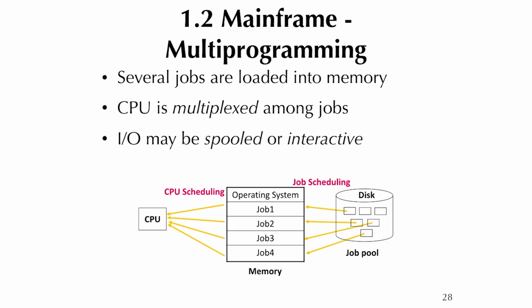And multiprogramming allows you to run several jobs, loading several jobs into memory. The CPU is multiplexed, can switch. I/O may be spooled or interactive. And this interactivity is what enables the use of terminals. Right? A terminal, as you know, is a screen with a keyboard tied to a mainframe like this.